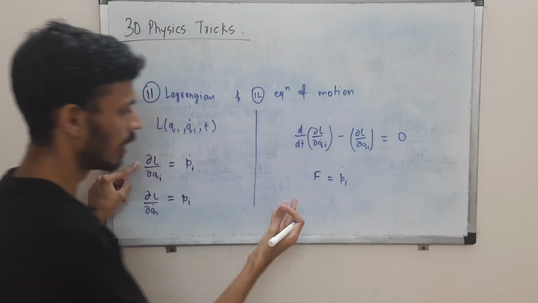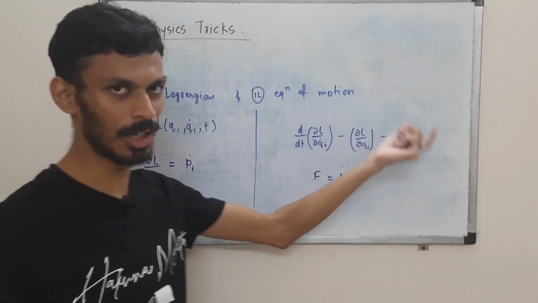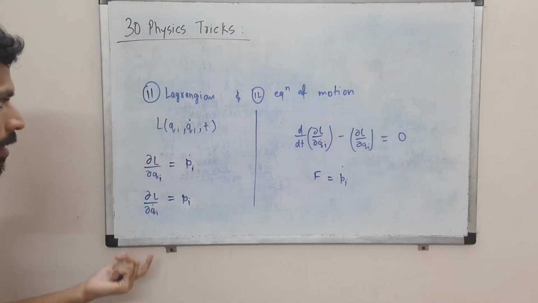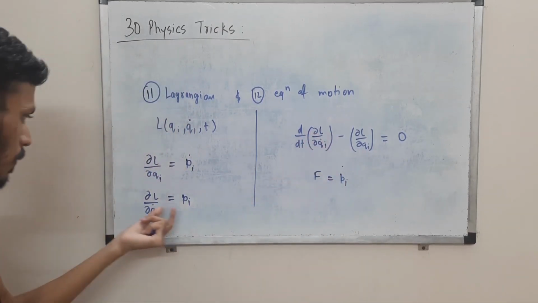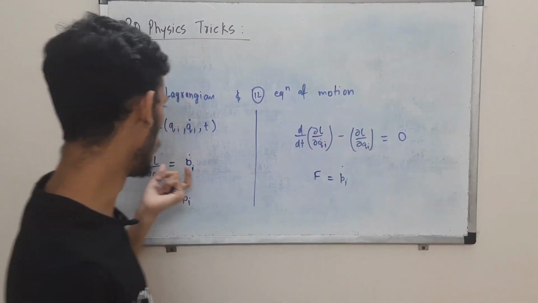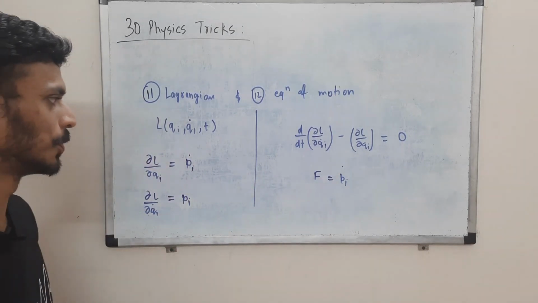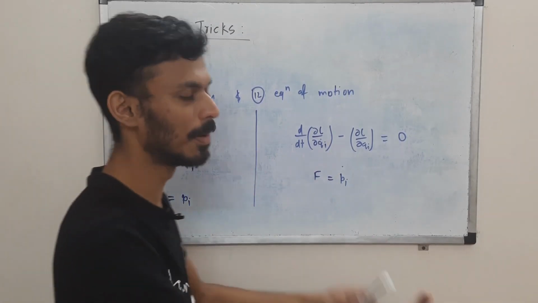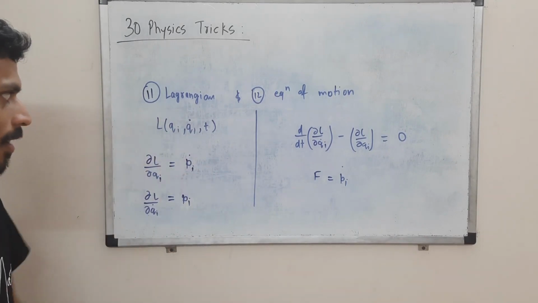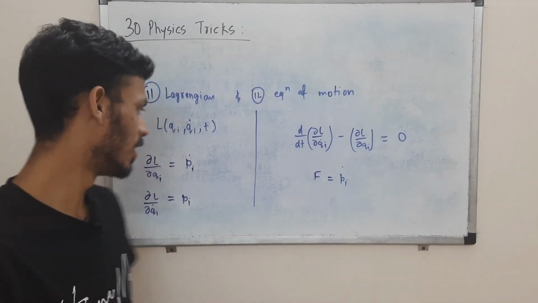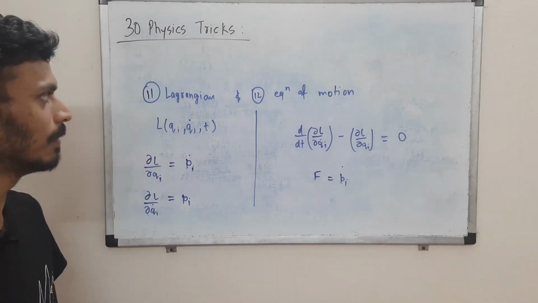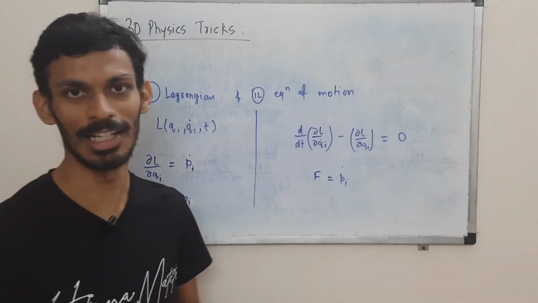So force is nothing but, so basically you obtain pi dot and pi dot on both the sides. That is how you obtain equation of motion. So this is force, rate of change of momentum, and this is pi dot, which is the same thing. So that is how you can remember the equation of motion and the Lagrangian. You can proceed for Hamiltonian as well. A sign will change somewhere, so that you'll have to take into consideration.